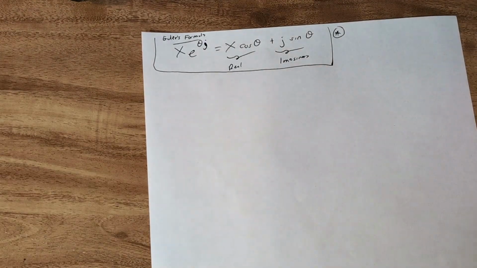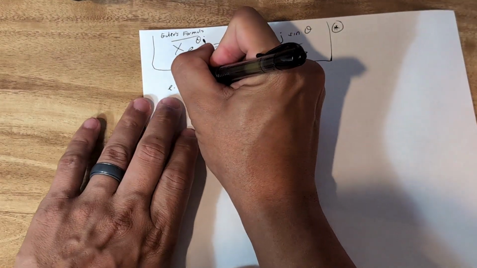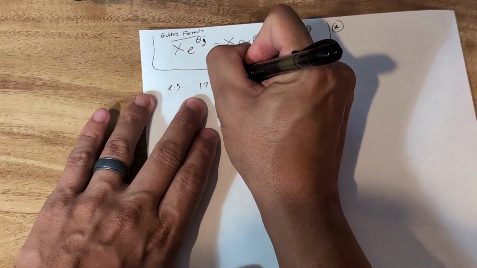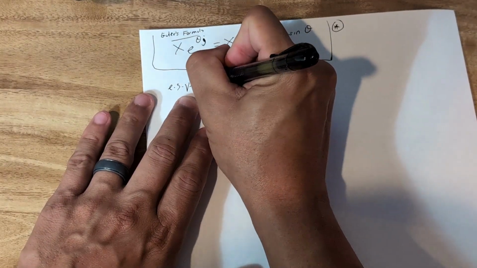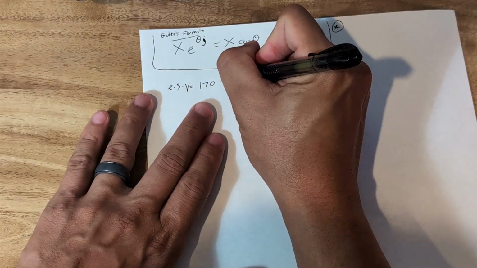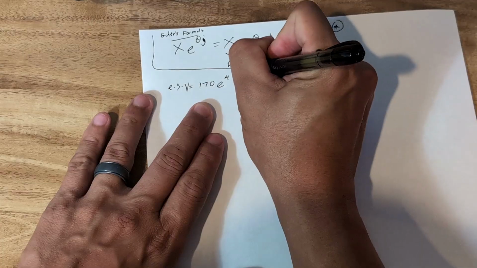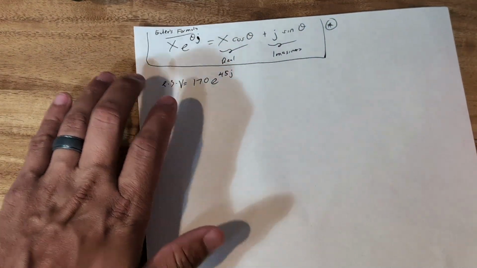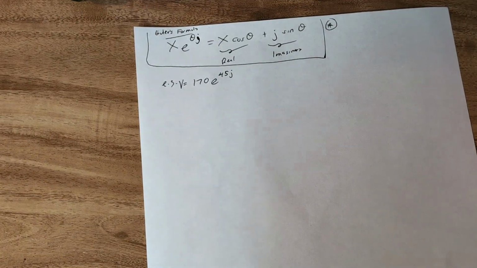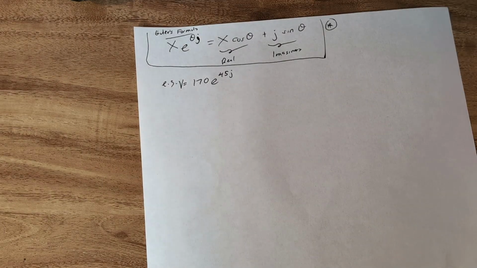So here's an example. What if we want to convert this? Let's say this is a voltage of 170 e to the j 45, and we want to convert this to rectangular form.